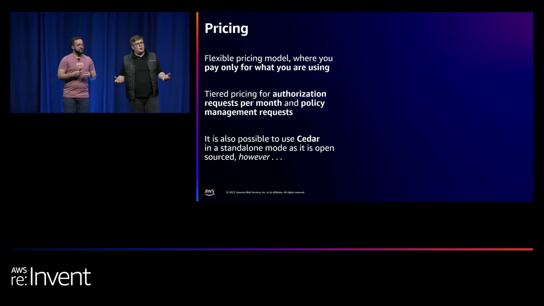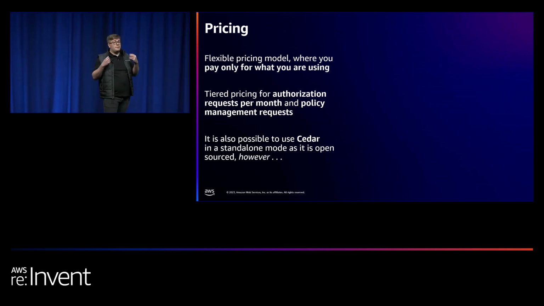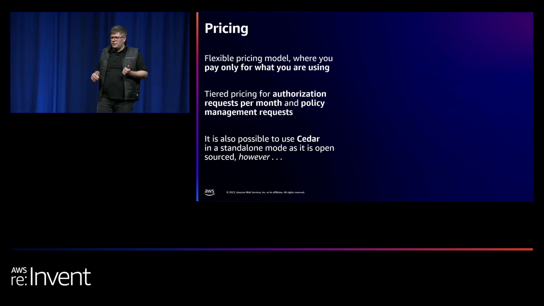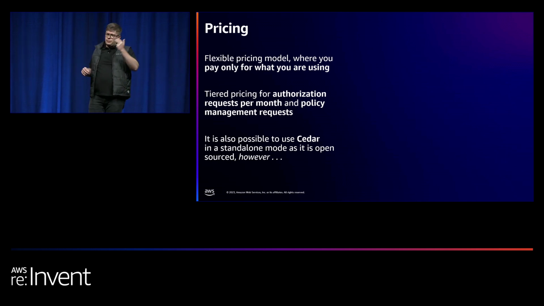Okay, so as you know, Amazon Verified Permissions is a managed service. What does it mean? You just pay for usage. So there are two items you need to take into consideration when dealing with the pricing of AVP. First of all is management costs, so all operations regarding policy management. So creating a policy, updating a policy, creating a policy store, putting a schema, and so on.